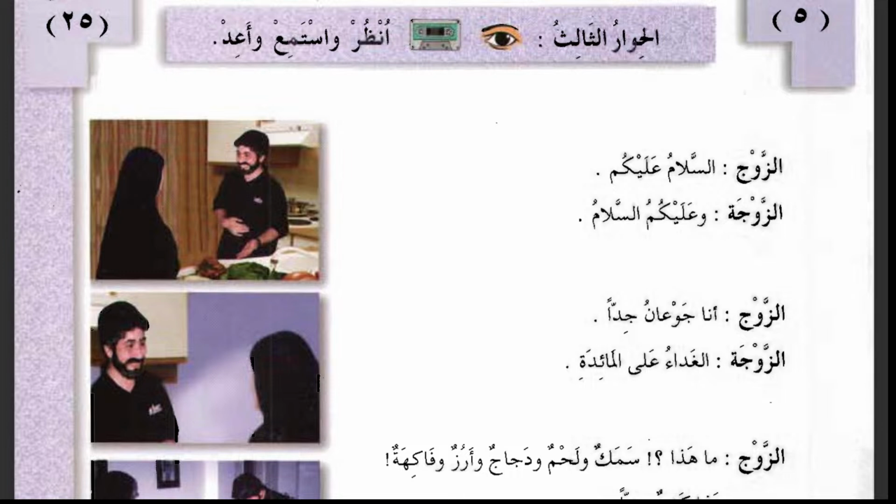Like in the story of Zakaria, right? Zakaria, إذ نادى ربه رب لا تذرني فردا وأنت خير الوارثين، فاستجبنا له ووهبنا له يحيى وأصلحنا له زوجه. We rectified for him his wife. What happened to his wife?